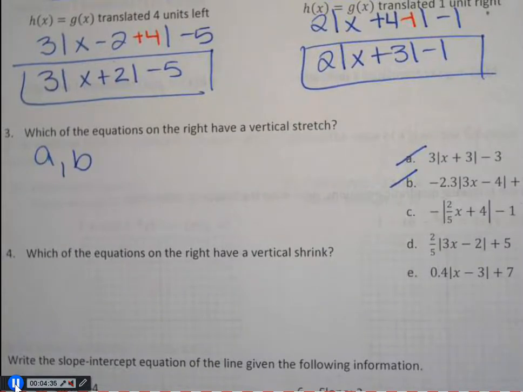Negatives don't matter because that just reflects them. It's just the number itself, not the sign. A vertical stretch is a number more than 1.